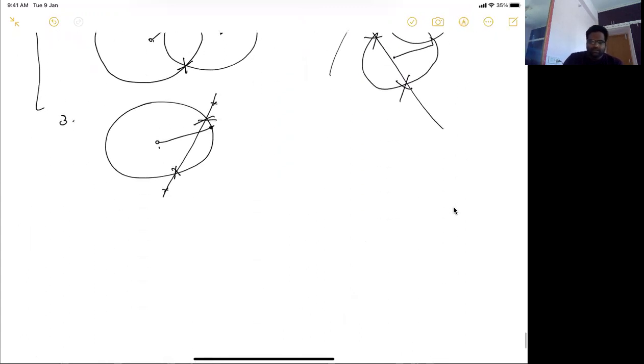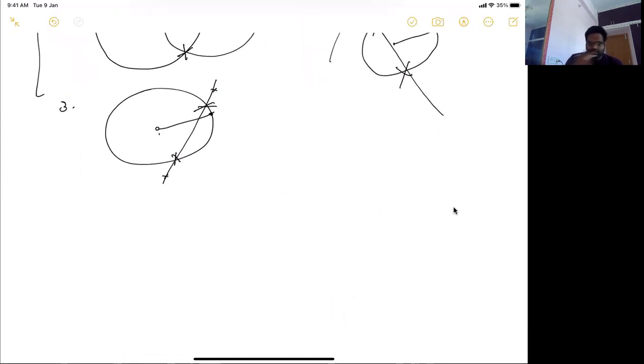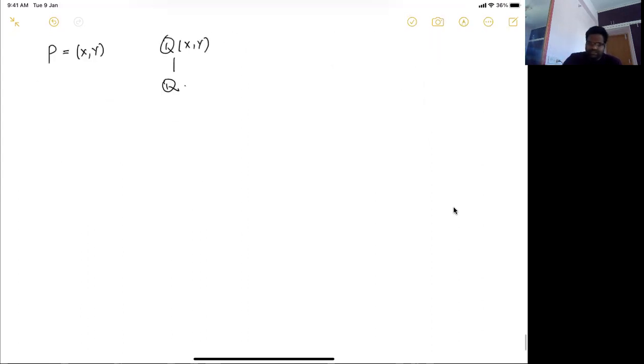Now let us say P is my constructible point, (x, y). Then correspondingly, I consider the extension Q(x, y). The theorem is as follows.